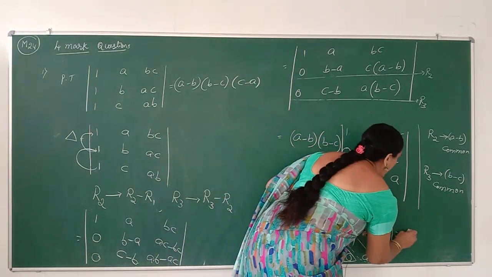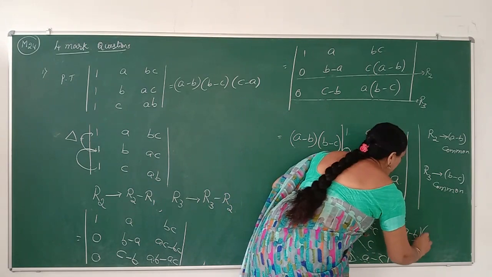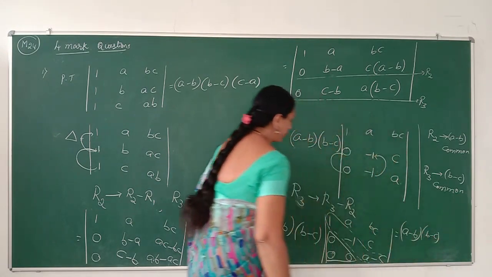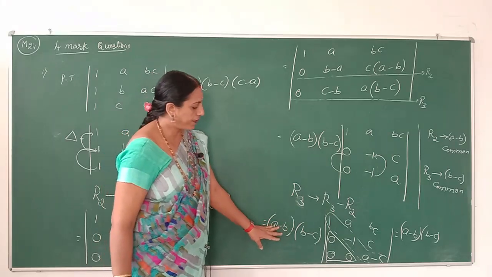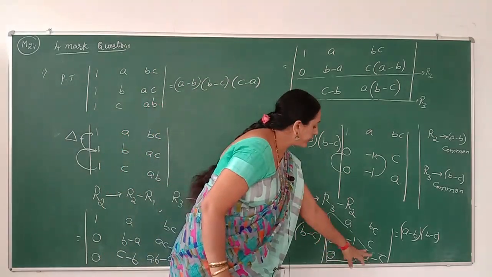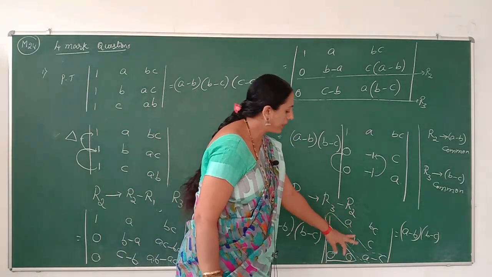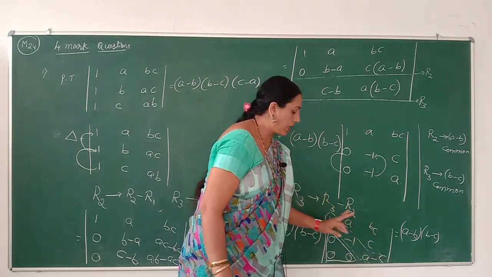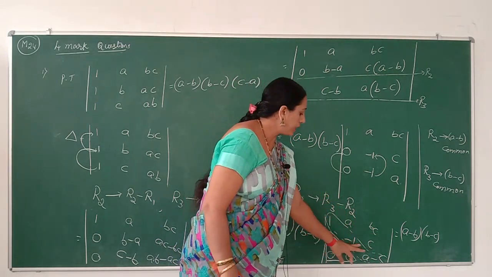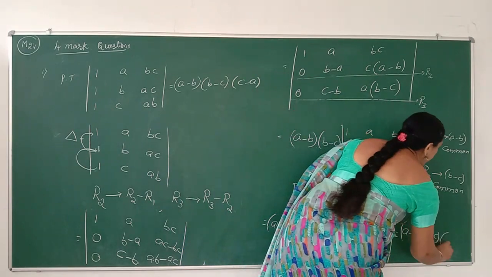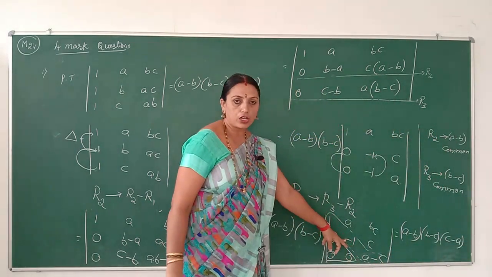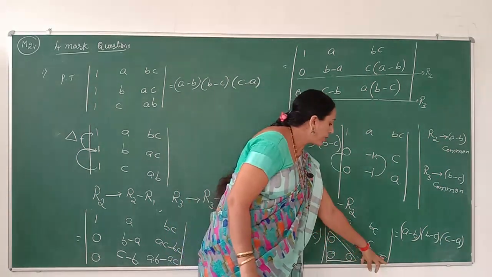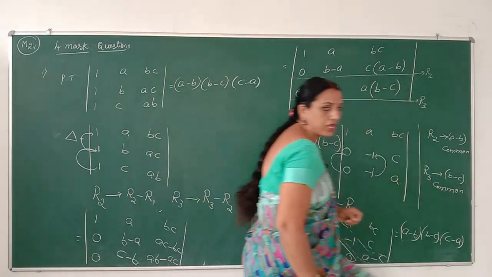So a minus b and b minus c are common factors, and the value of the determinant is 1 into minus 1 into a minus c. But 1 into minus 1 into a minus c can also be written as c minus a, since minus is a common factor. Minus 1 into a minus c can be written as c minus a.